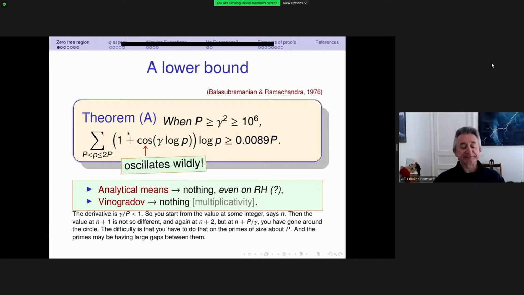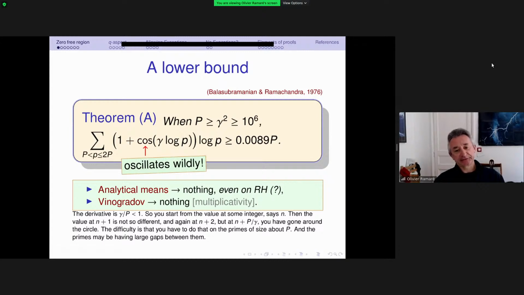What we're looking at is this theorem, which can be extracted from the theorem of Balu and Ramachandra. Take the sum over primes p, where little p is a prime and capital P is a bound for this prime. Take a parameter gamma, say gamma is the square root of P, and look at 1 plus cos(gamma log p), a non-negative function, times log p.